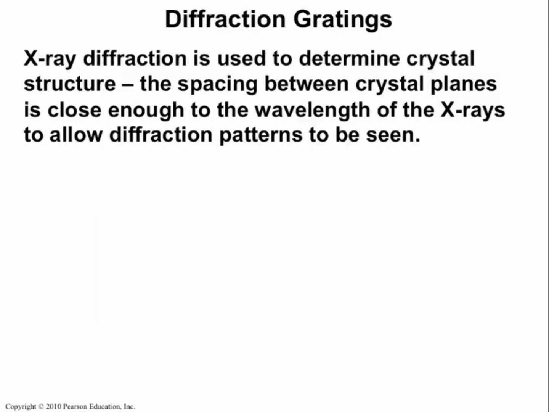The last example of diffraction gratings is X-ray diffraction. X-ray diffraction is used to determine crystal structure. Now, you do need to use X-rays because when we're dealing with crystals, we're talking about very, very fine slits, which really are only going to diffract frequencies of electromagnetic radiation that are high enough, which means that the wavelength is low enough to be comparable to those little slits.